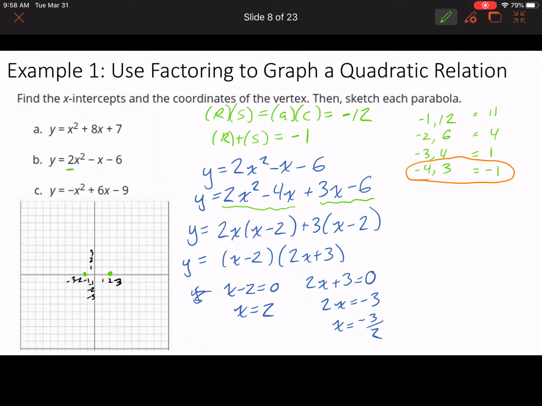So here is where our axis of symmetry can get a little bit trickier. Finding the x coordinate of the vertex is going to be a little bit trickier. There is actually a formula that we can follow.